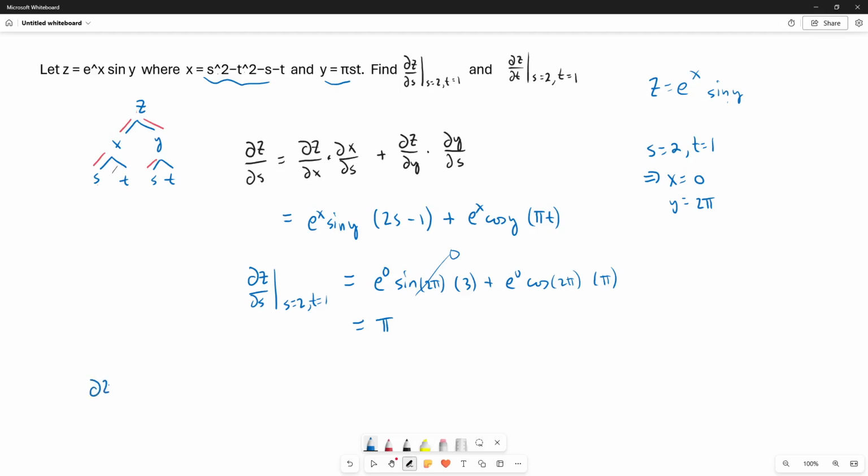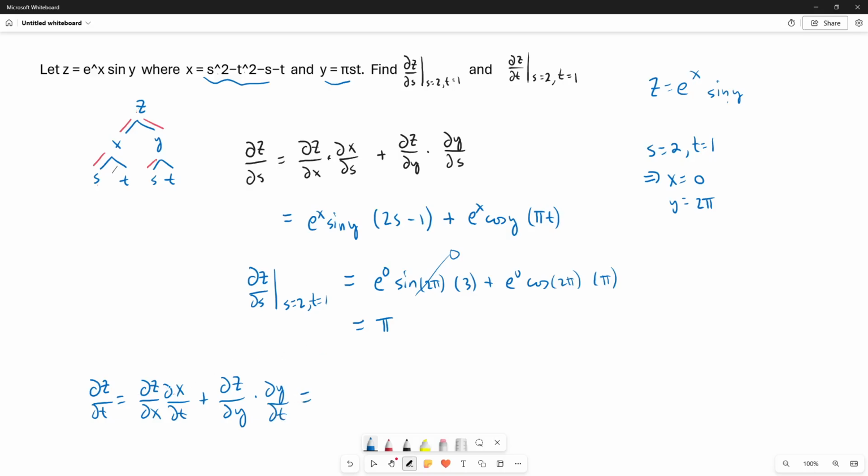And what about the second one? The partial derivative of z with respect to t. From z to t we have to go through x and we have to go through y. So we get the partial derivative of z with respect to x times the partial of x with respect to t plus the partial of z with respect to y times the partial of y with respect to t.